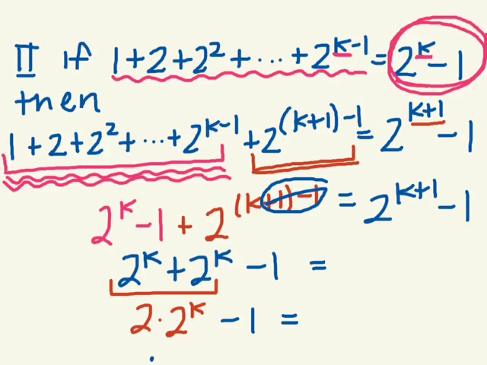Since we had 2 of them, we wrote it as 2 times 2 to the k. Now that is 2 to the first, which is really important. And you'll remember from your exponent rules, whenever we have the same base, which we have the same base here, 2 is our base for both of those. Whenever we have the same base and we're multiplying bases, we can add our exponents.